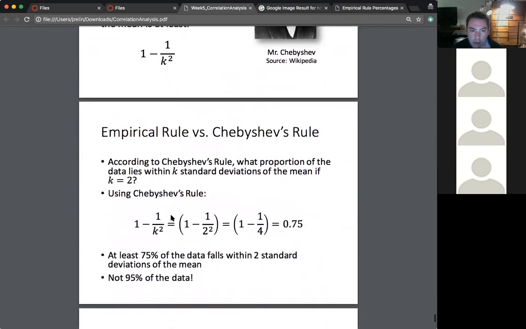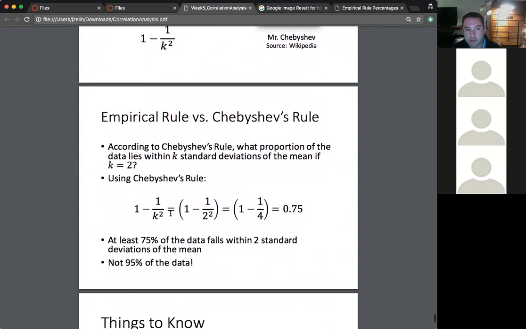So if k is equal to 2, we can solve that and find that at least 75% of the data falls within 2 standard deviations of the mean.